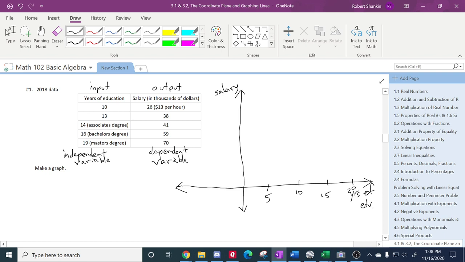So if I'm going to go up to 70, I've got to have smaller units, and I'll go by tens. This is salary in thousands of dollars.